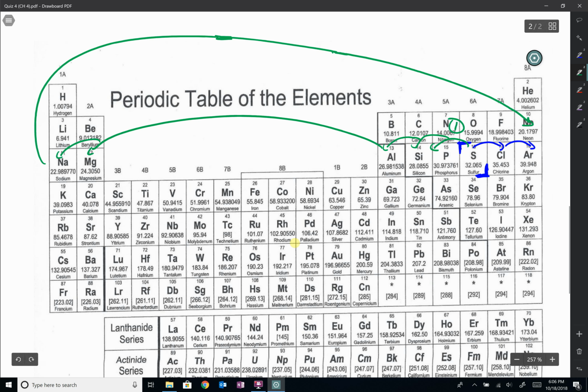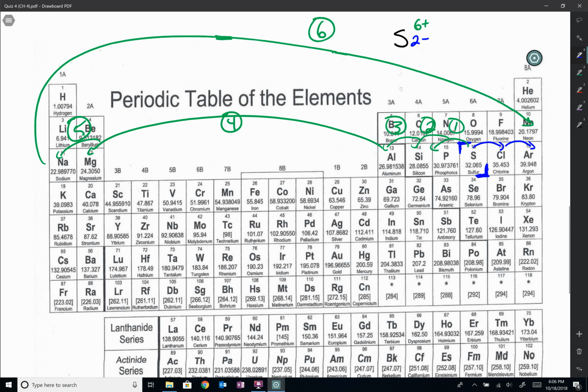So 1, 2, 3, 4, 5, 6. If I'm following my green arrows, it takes 6 steps to get to neon. So sulfur can take 6 steps backwards or 2 steps forward.